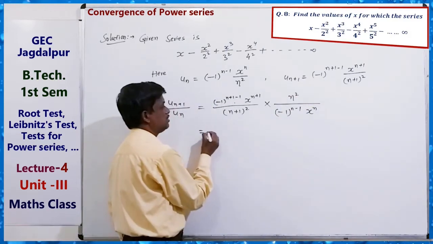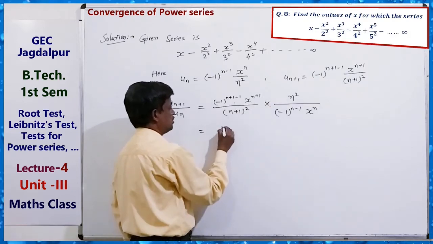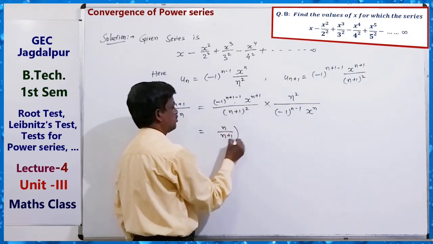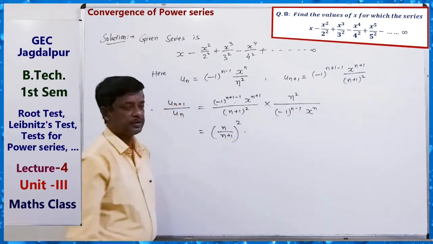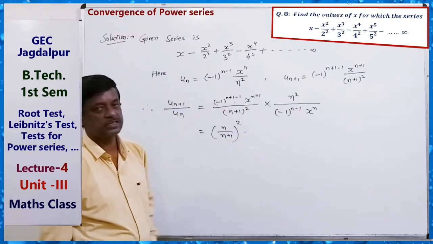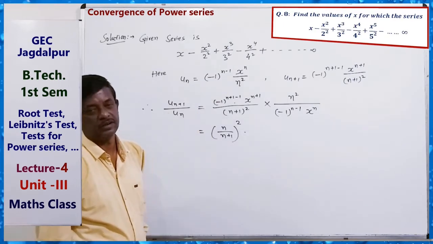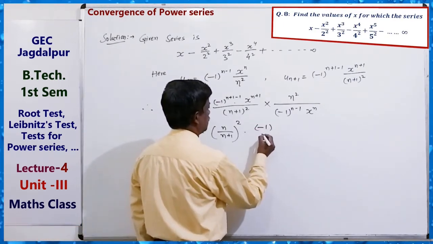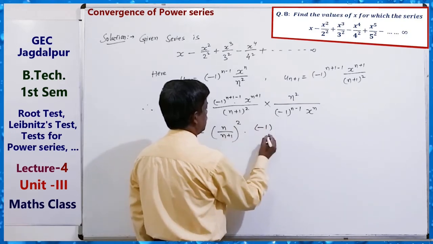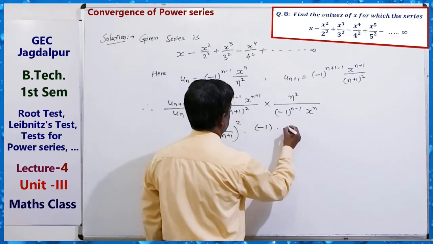So it can be adjusted as n upon n plus 1, whole square. Minus 1 to the power n minus 1 cancels, so minus 1 remains, and x.